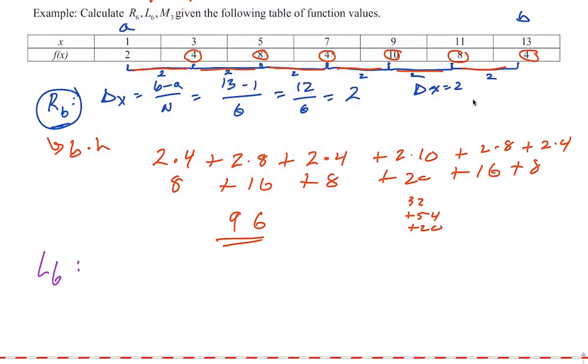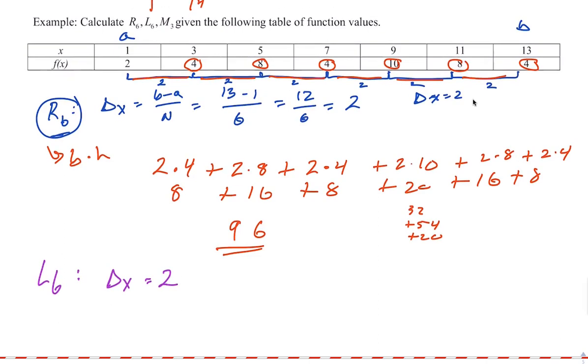L6. We already know what our delta x is, the exact same thing. It's just going to be 2. So it's actually the exact same rectangles, but now we're starting on the left side. So if we're doing this right here, we start on the left side, so my height is going to be 2 times 1. We're going to go 2 across, 2 across, 2 across, 2 across, 2 across, and we're doing the left side.